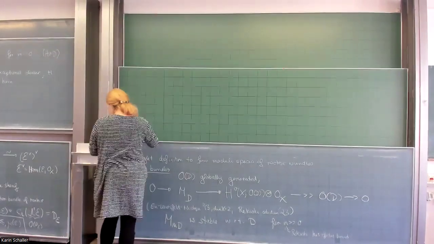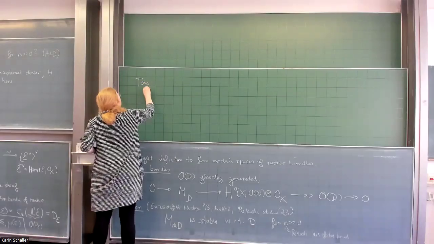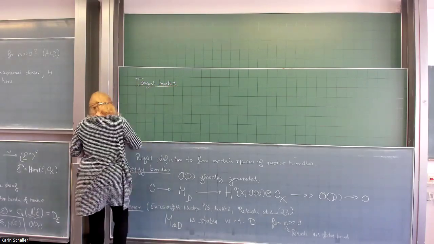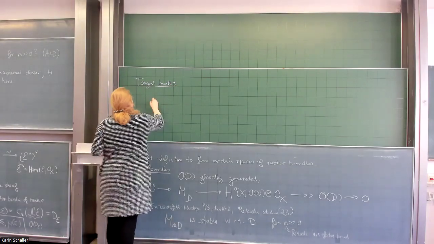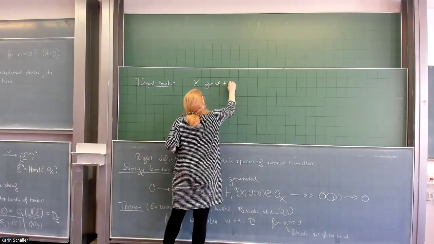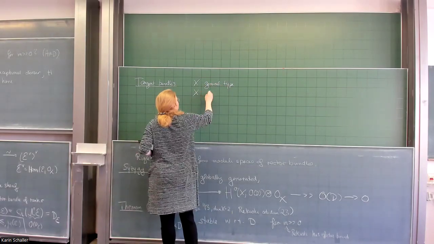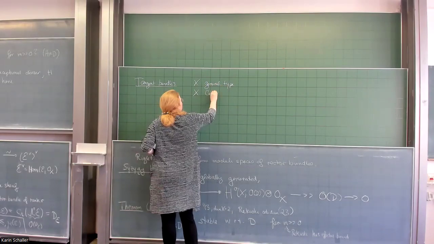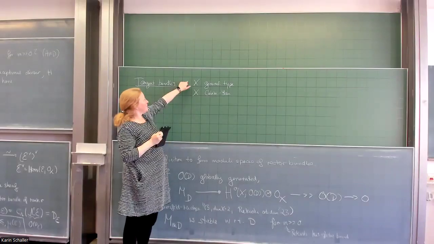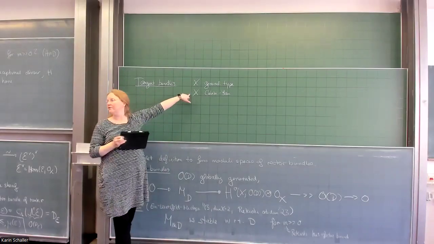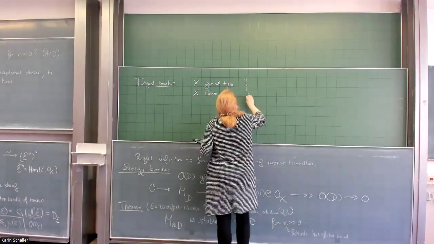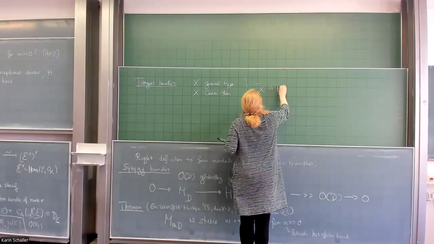For tangent bundles, when X is of general type and/or X is Calabi-Yau, so this means that the canonical divisor is positive, it's ample, and here this means that the canonical divisor is numerically equivalent to 0, then we know that T_X is fully stable.